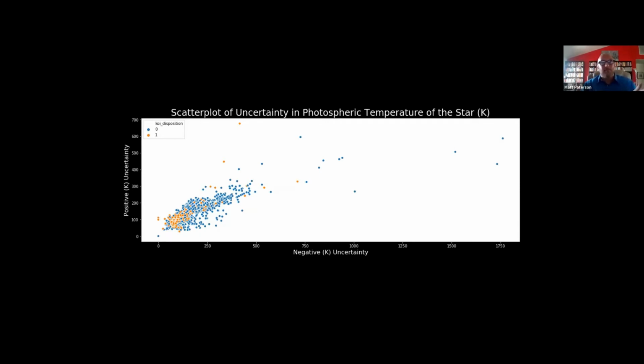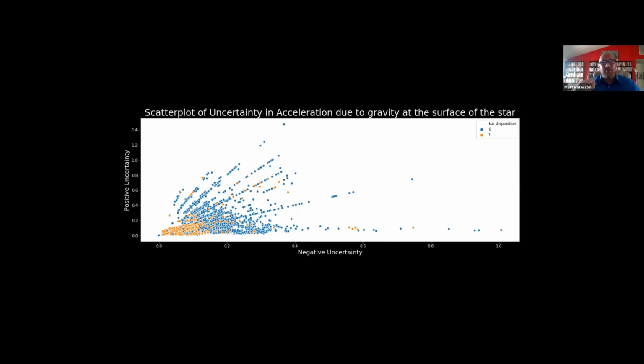And as you can see, the orange dots, or the number 1 out of the binary classification, this is where we are pretty sure there's planets. This is from the training set where the NASA scientists have said there's definitely an exoplanet there. And all of those are clustered close to 0, 0, so close to certain or no uncertainty. The same can be seen in the uncertainty of acceleration due to gravity at the surface of the star.